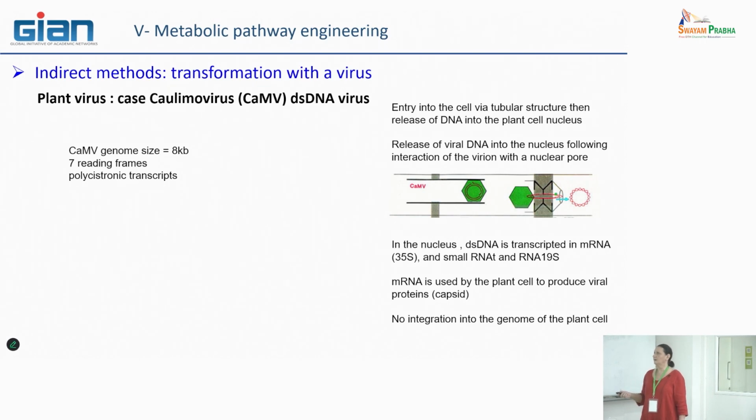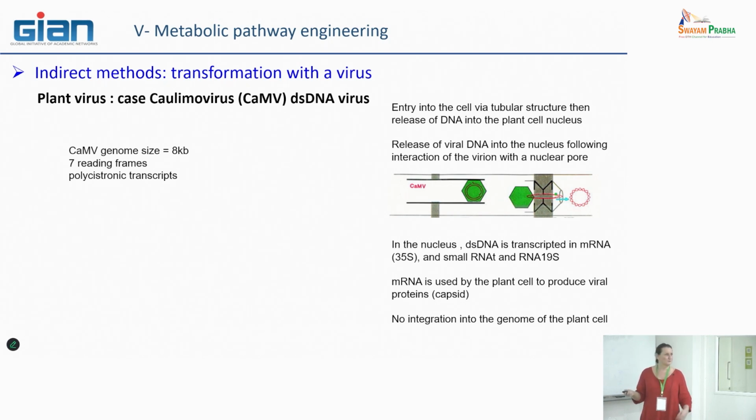And in particular, because it's a double strand of DNA, a small piece, it can be directly transcribed in mRNA, and also small transfer RNA, and that could permit the production of the proteins encoded by this DNA.